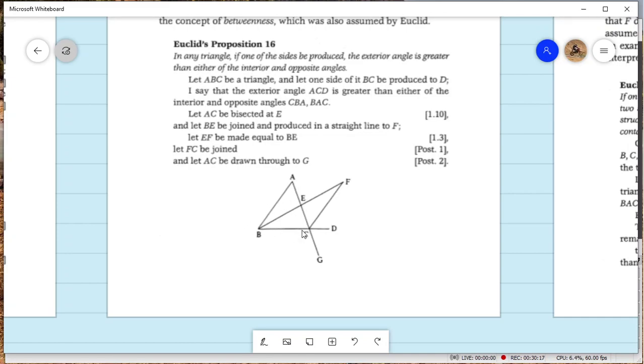Then an exterior angle, angle DCA, was formed by extending line segment BC. So stated here, let one side of it, BC, be produced to D. Hence, the angle ACD is formed as an exterior angle. So the assertion of the proposition would be angle ACD is greater than either angle BAC or angle ABC.